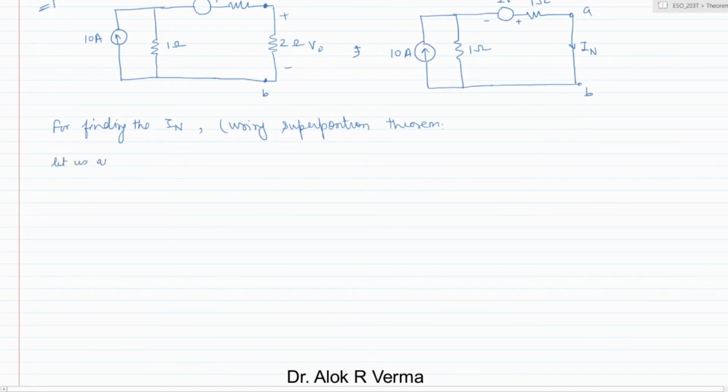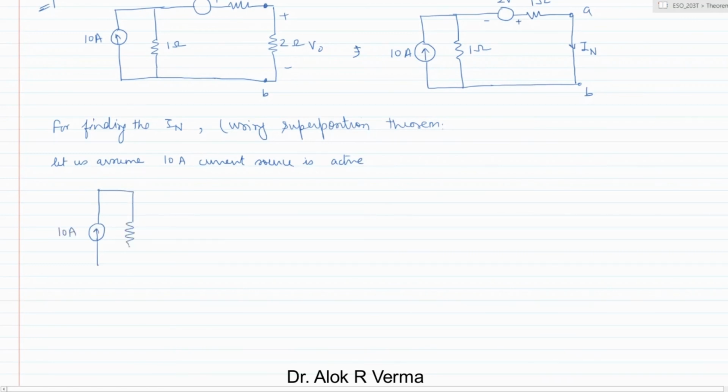Let us assume only the 10 ampere current source is active. When we assume the 10 ampere current source active, we can redraw the circuit. The voltage source will be short circuited.